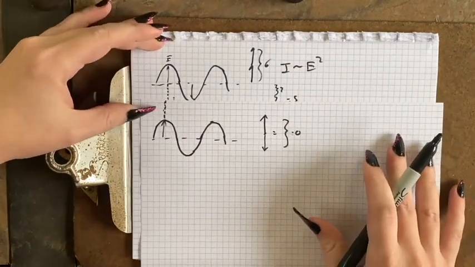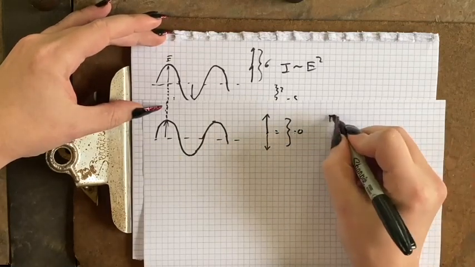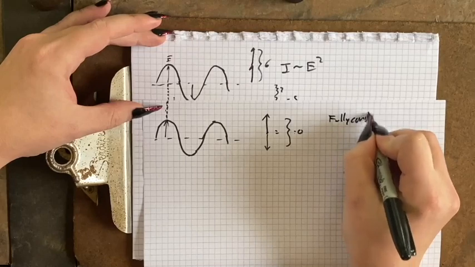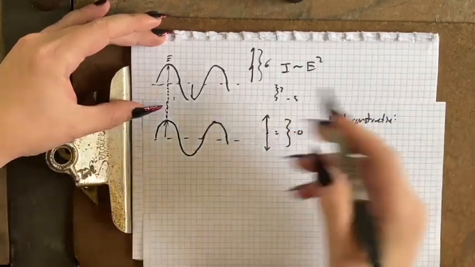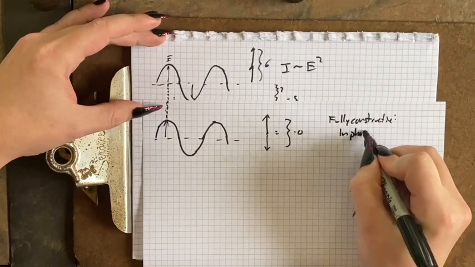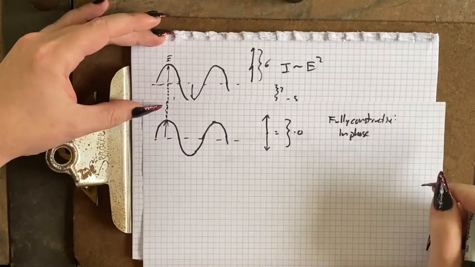Something that we notice about these phases: when they're fully constructive, what's the condition? They're in phase. They're both perfectly the same wave, exactly lined up with one another.